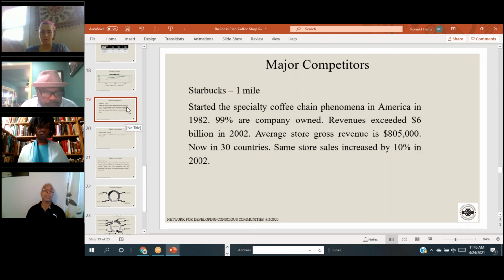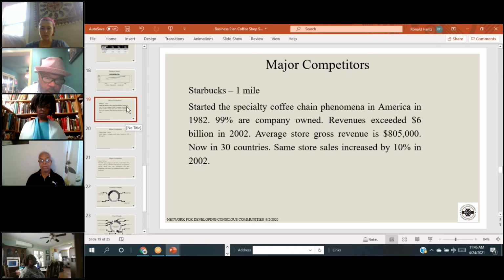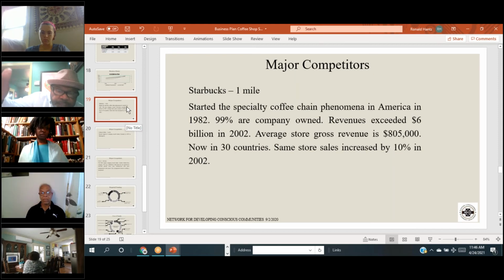A lot of these fast food restaurants sell similar product lines. I mean, chicken wings, French fries, maybe some fried fish, but there's only so much market share. Going back, looking at the earlier slides about your market share, there's only so much market share that any one business can consume at any one time.